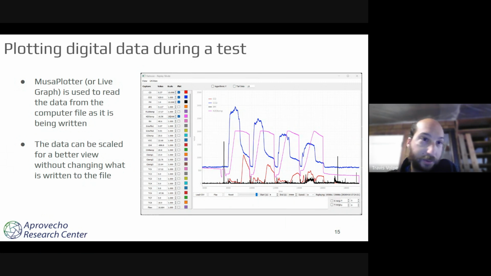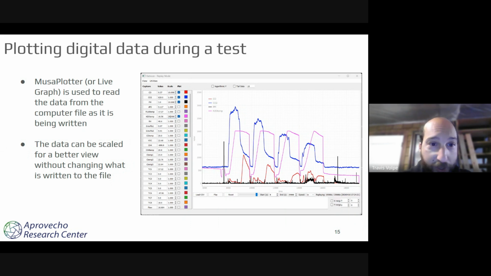During a test, that sensor box is connected to a computer, and the computer is running a data logging program. The example shown here is a custom application called Musa Plotter, which has been designed in conjunction with the LEMS.